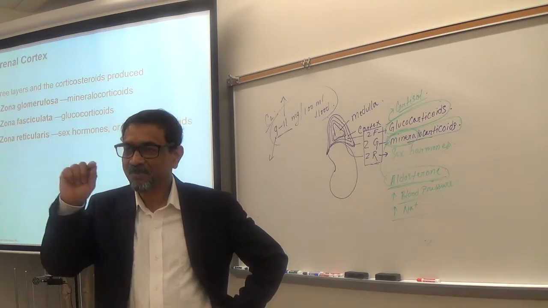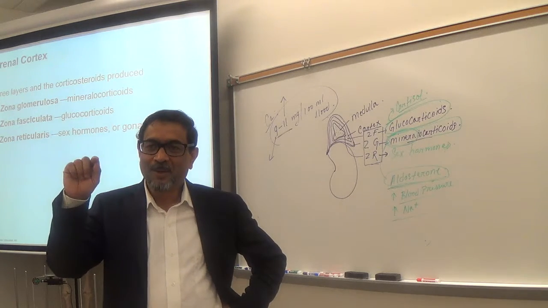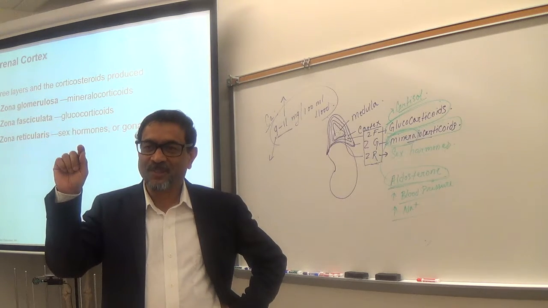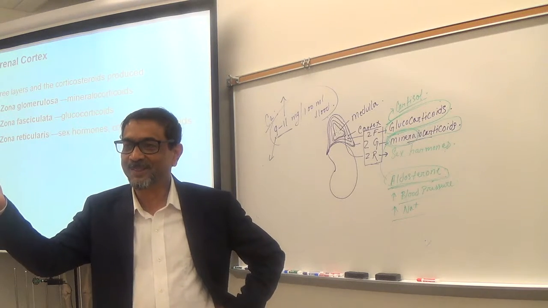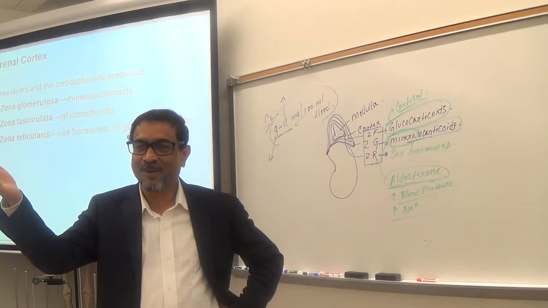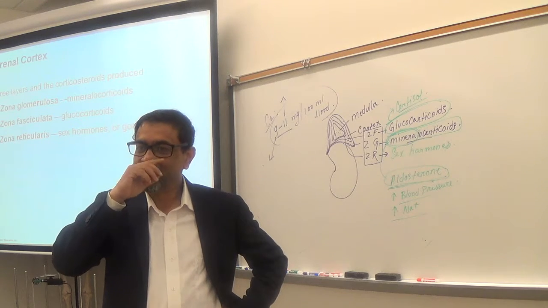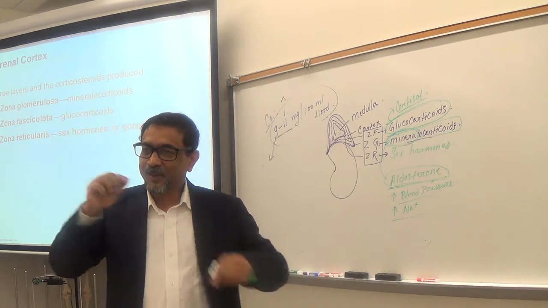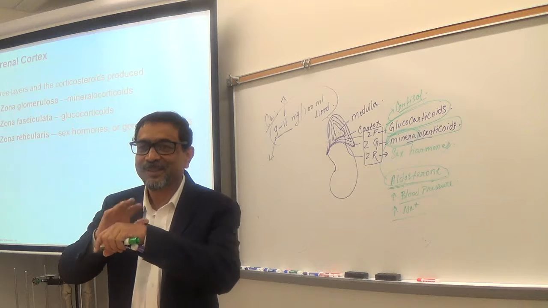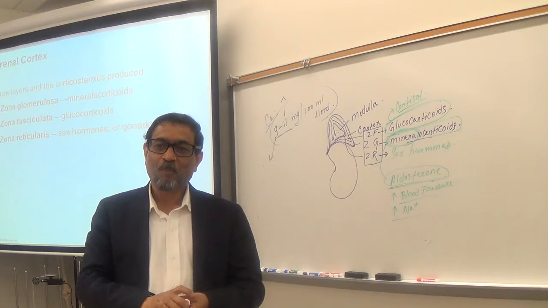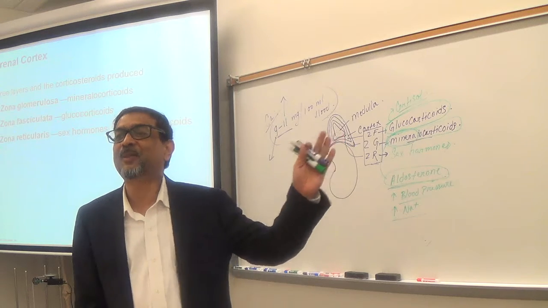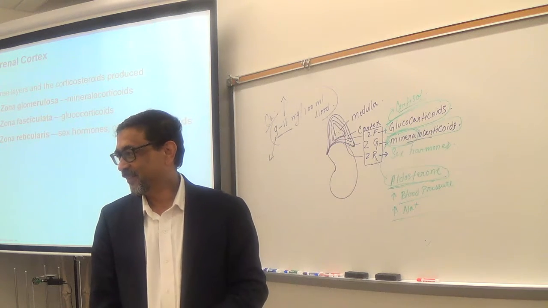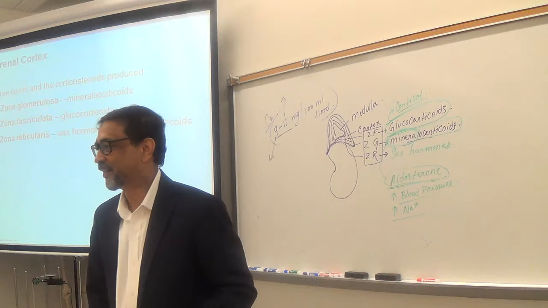Anybody? 1%, 2% hydrocortisone. Do you remember? If you go to Walmart or Walgreens, it is sold as an ointment, right? Hydrocortisone. Have you seen that? Okay. So cortisol and hydrocortisol, these are actually hydrocortisone. The synthetic name is hydrocortisone.